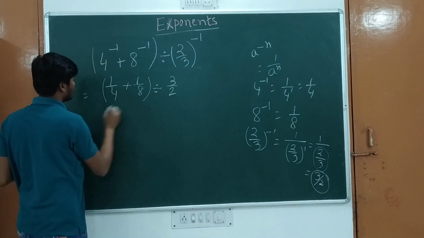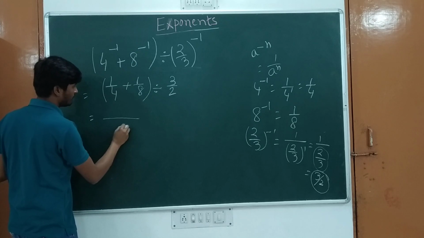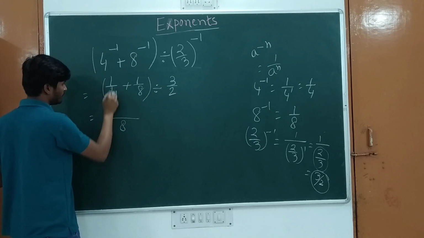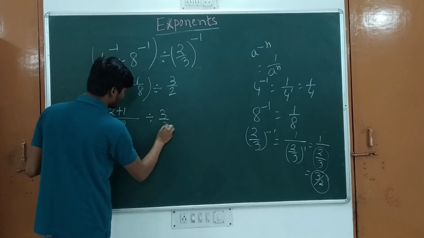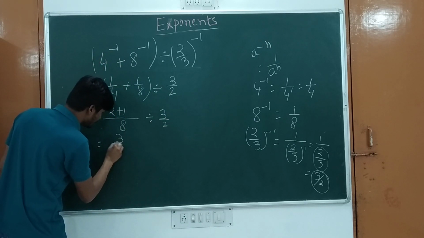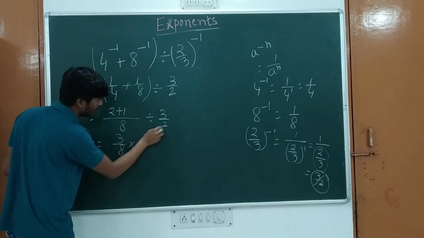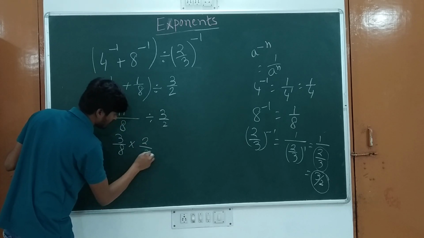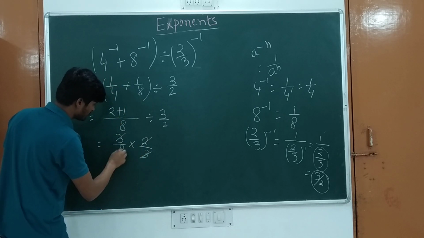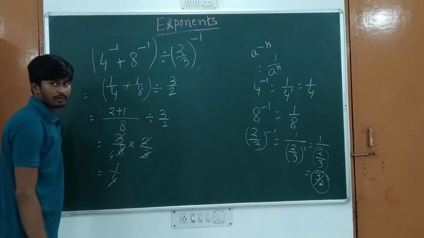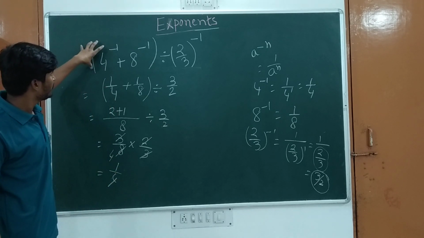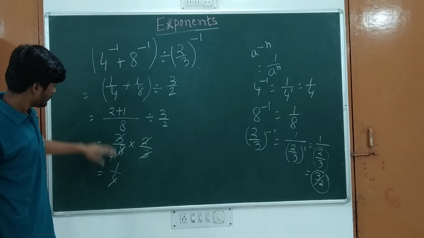Now you can simplify easily. Taking LCM 8, we get 2 plus 1 divided by 3 by 2, that is 3 by 8 multiplied by 2 by 3. The 3 cancels, and 2 over 8 is 1 by 4. So the simplest form is 1 by 4.